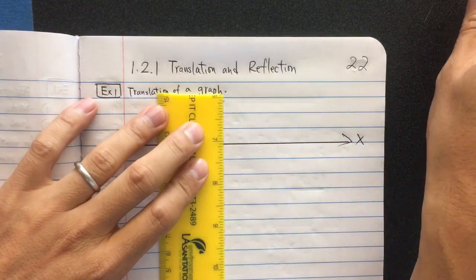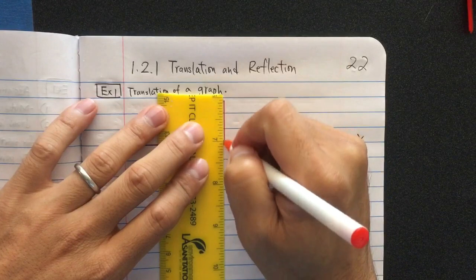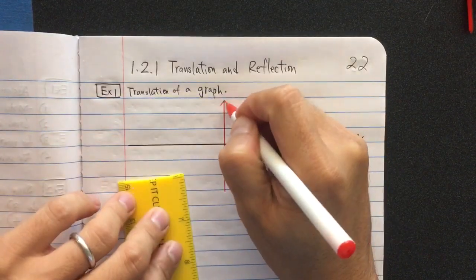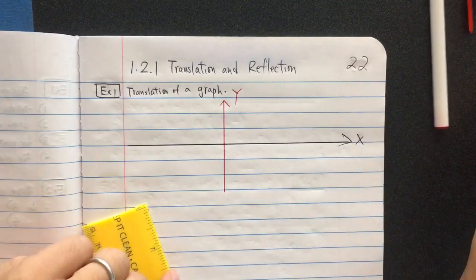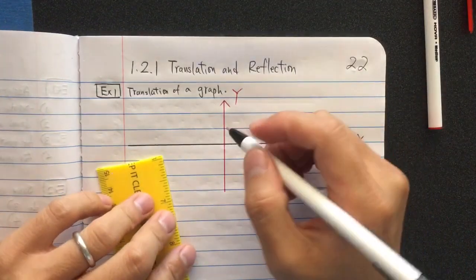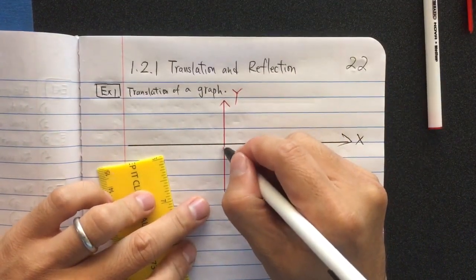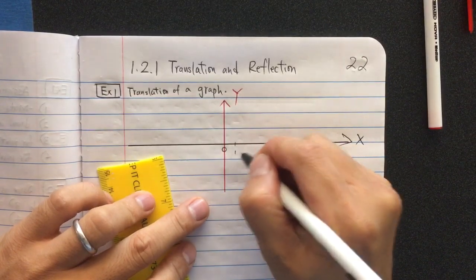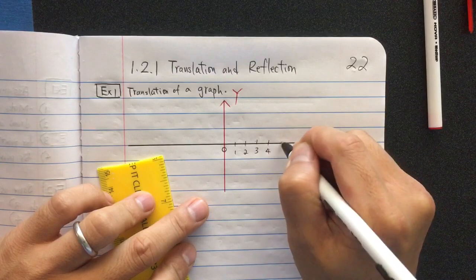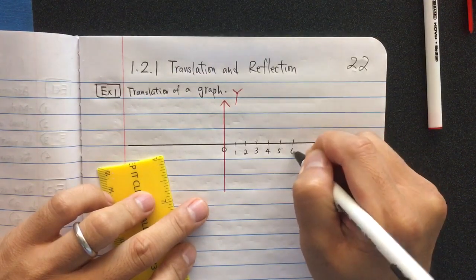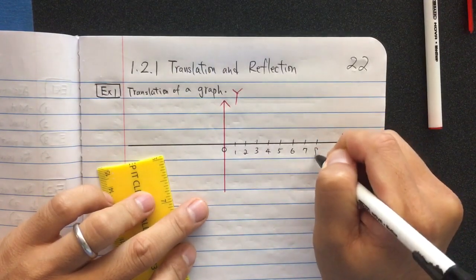Let's draw a ray so you know this is y. One is x, one is y. Now we need to draw the points 0, 1, 2, 3, 4, 5, 6, 7, 8.